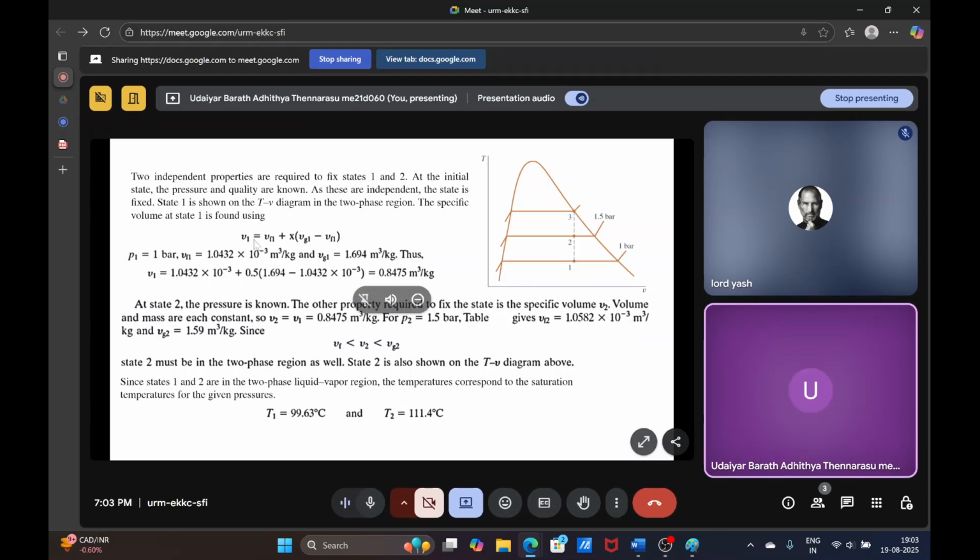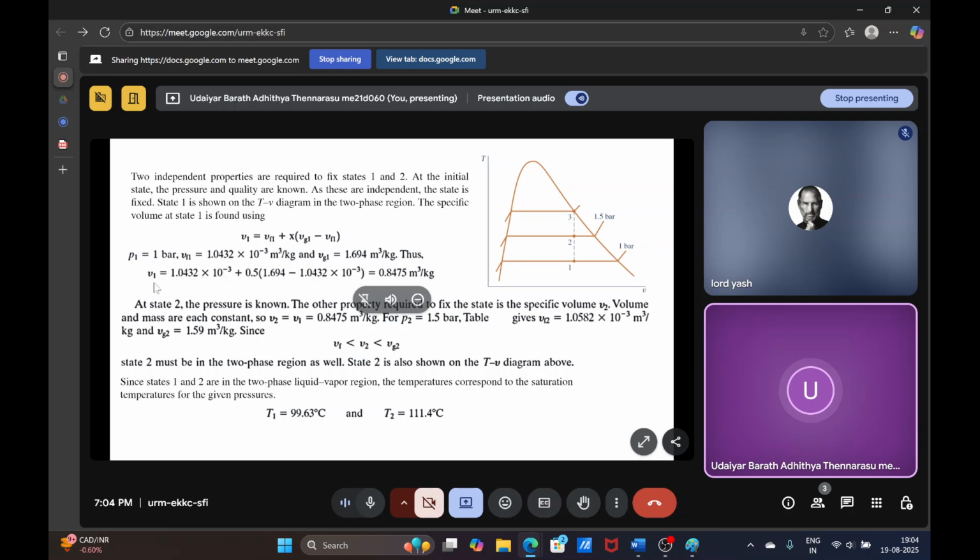For the mixture, specific volume will be the liquid specific volume plus x times (Vg minus Vf). Substituting the values, Vg is 1694 centimeter cube per gram, converting to meter cube per kg, 1.694, and Vf is 1.0432 times 10 power minus 3.